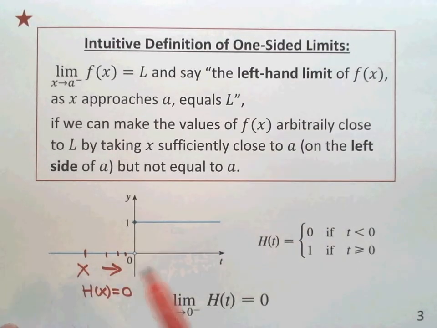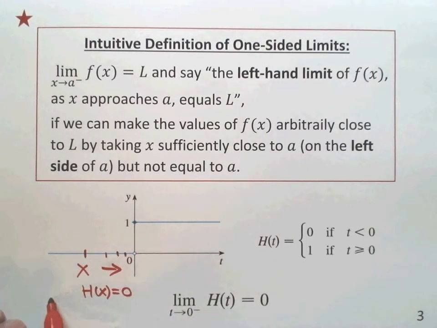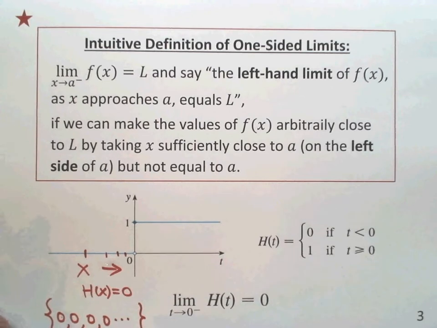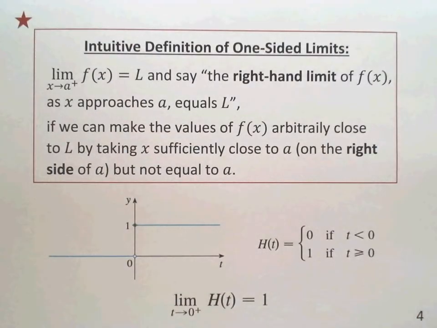If you take the sequence, no matter which x, it's 0. Here it's still 0. The sequence is 0, 0, 0, 0. What's the pattern? The pattern is still 0. So we get the left-hand limit is 0.